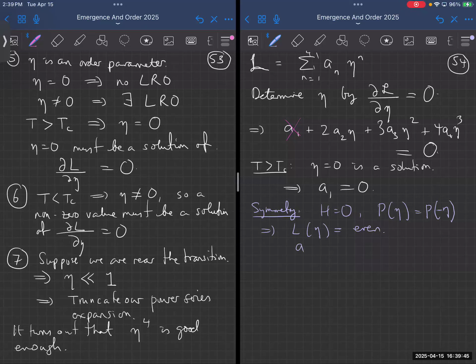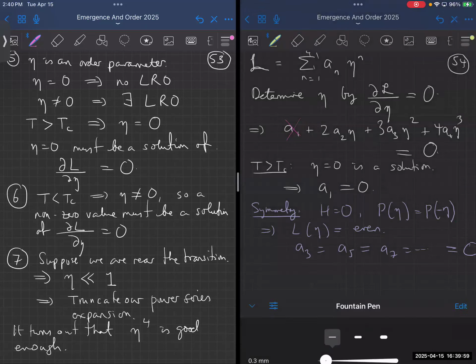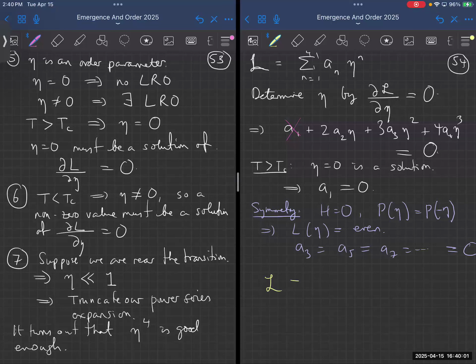And so a3 equals a5 equals a7, etc., must be equal to 0. So now we've only got two terms. L must be of the form a2 eta squared plus a4 eta to the fourth.